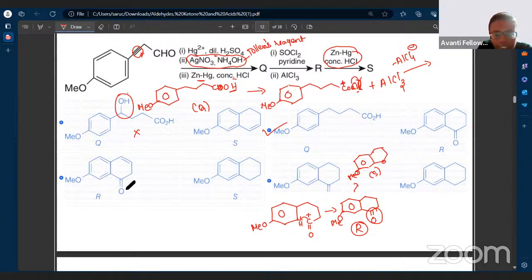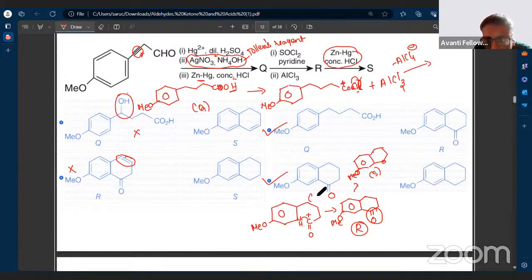And when you take this one, this is your R and S. Okay, can you check what is R and S? In R, you have a double bond over here. So this is also going to be wrong. Okay, so here you have O. So D is going to be the right answer. Okay, so C and D are going to be the right answer.